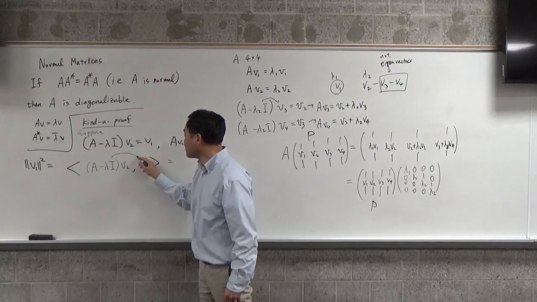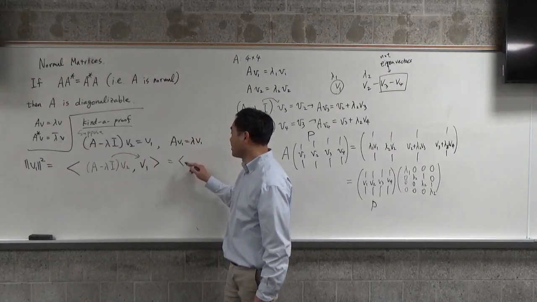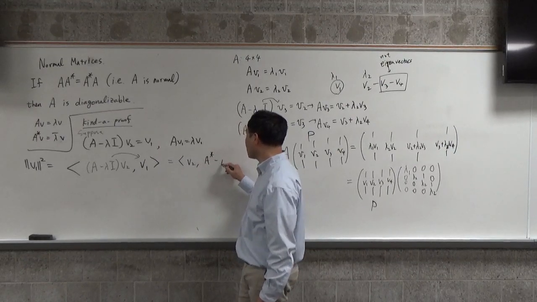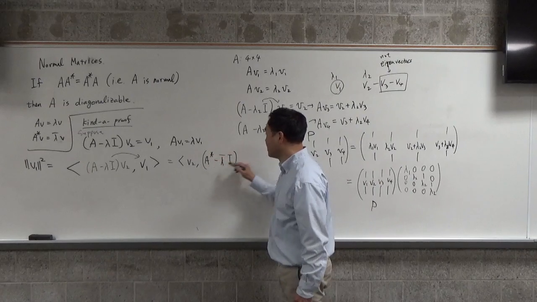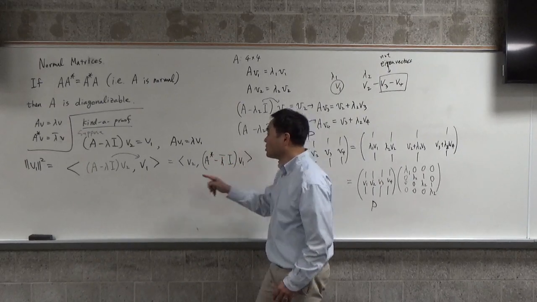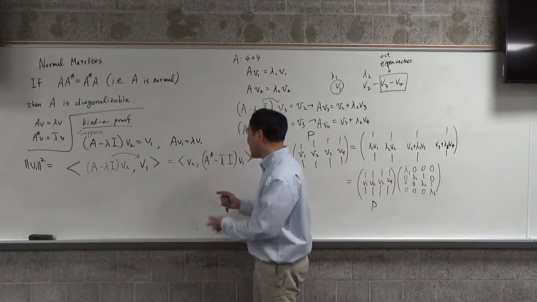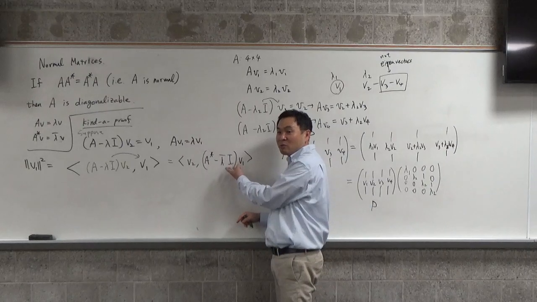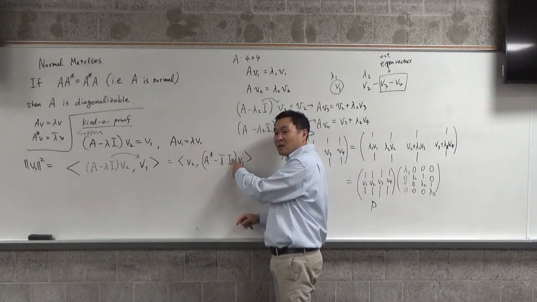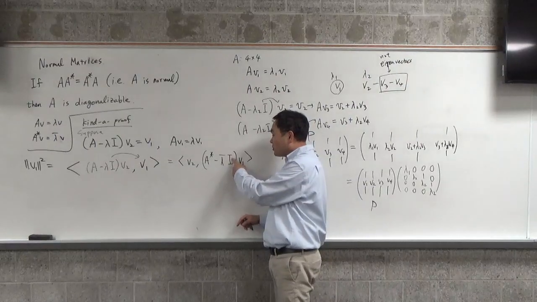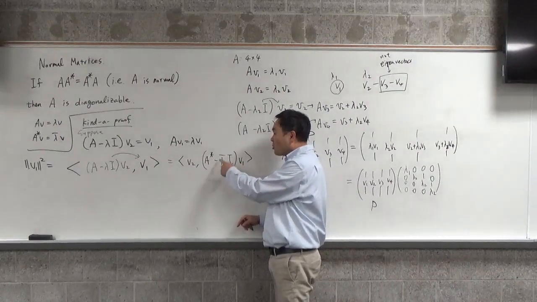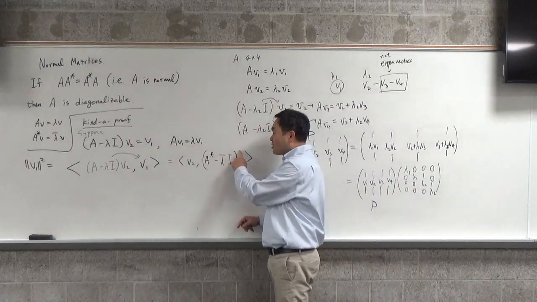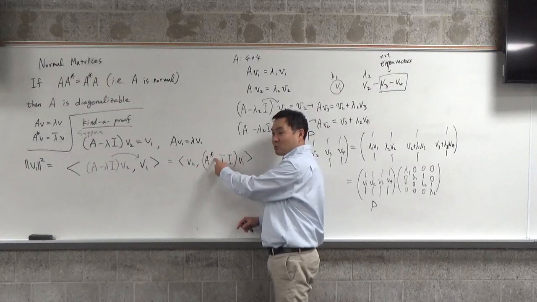Now we move this to the other side and get V2 with A star minus lambda bar I applied to V1. Because when you move an operator to the other side, you have to take the adjoint. But adjoint of I is itself, because I is a real matrix, complex conjugate doesn't do anything, and I is diagonal, so transpose doesn't do anything. Lambda is a complex number, so only complex conjugate will introduce this. And then when you apply the complex conjugate and then transpose, we'll have this.